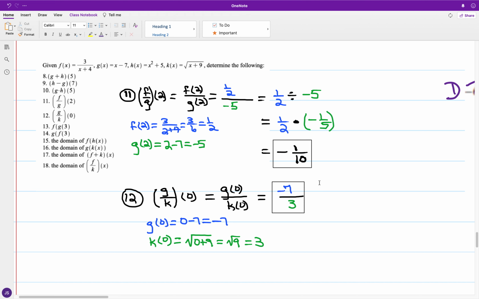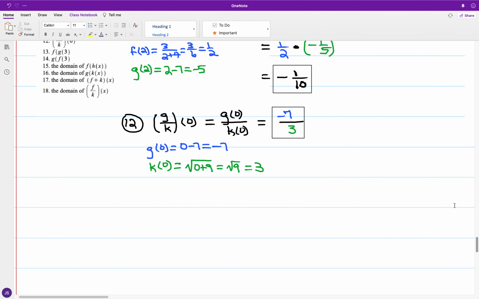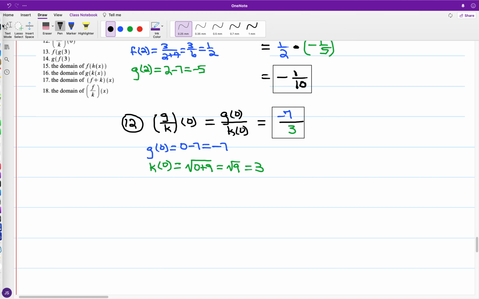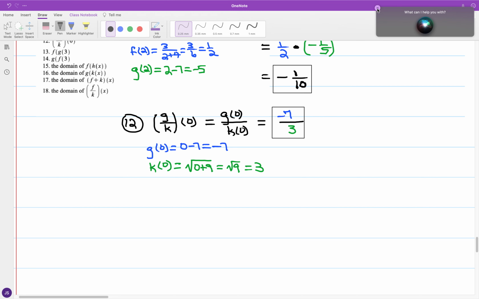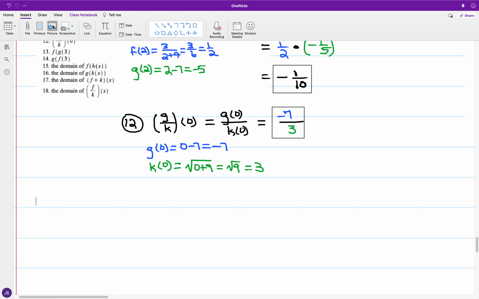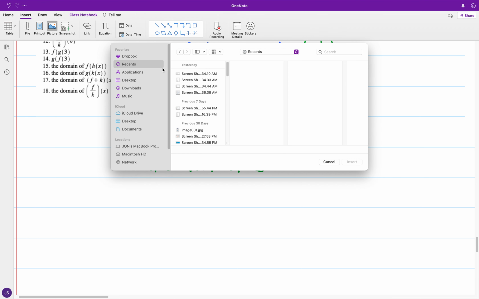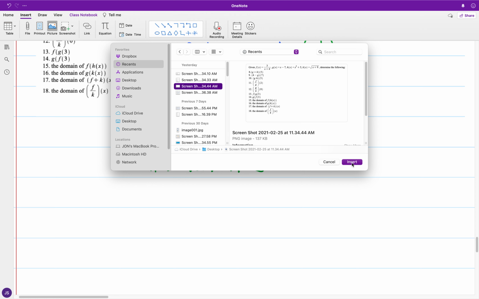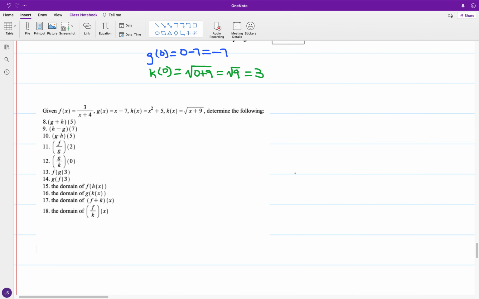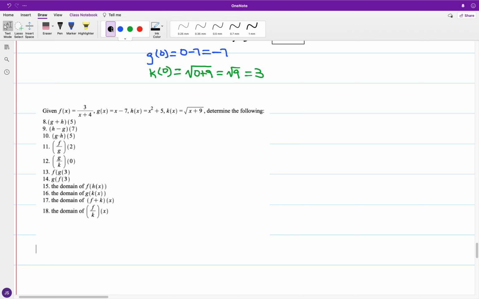All right. Now, where we have the compositions at specified inputs to be of concern, in the case of number 13, you have the composition f composed with g of 3.